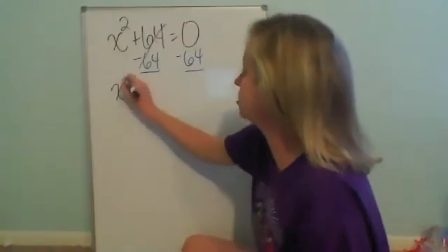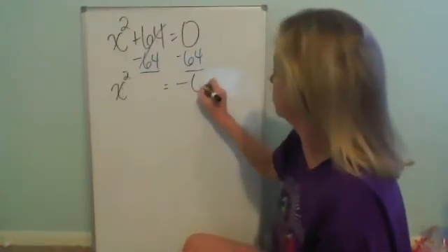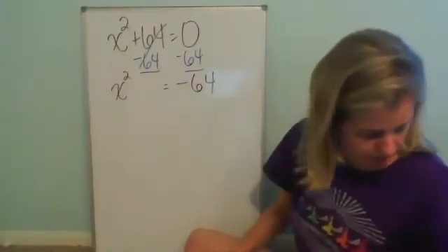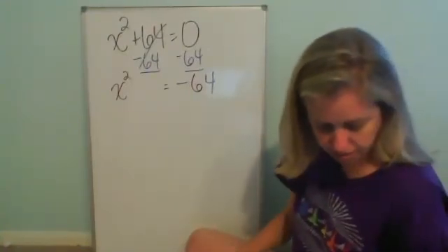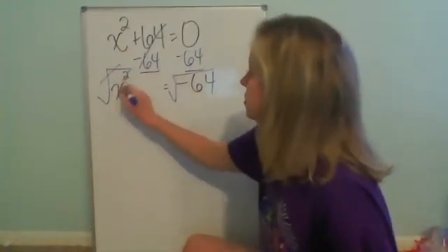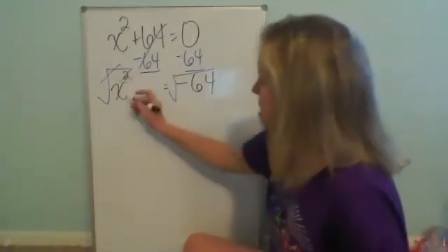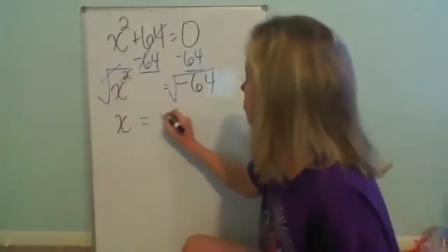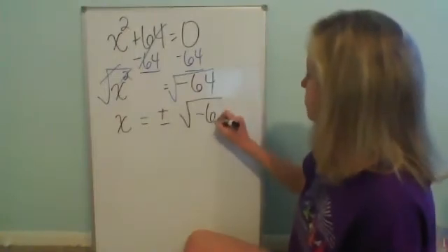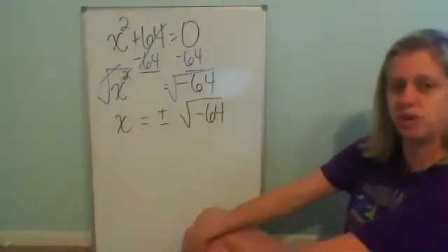So you have x squared equals negative 64. And then I'll square root both sides. And see what I have left. There's my x equals, here's where my positive and negative comes in. Bring down the square root of negative 64 and see what you can do with it.